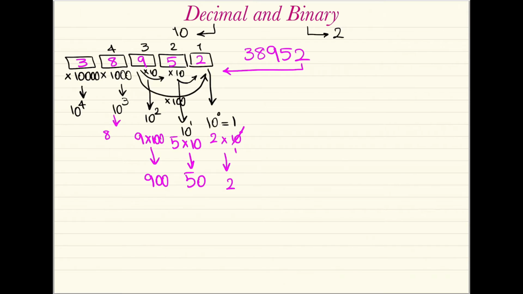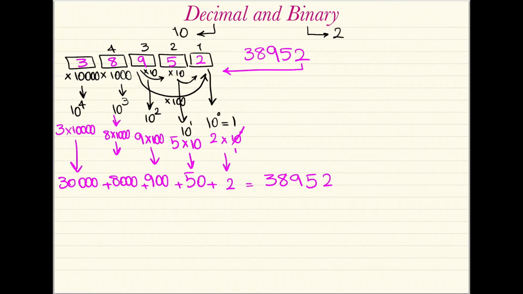This one is 8 times 1,000, or 8,000. And this one is 3 times 10,000, which is 30,000. Now, if we add these numbers, we will get 3, 8, 9, 5, 2.